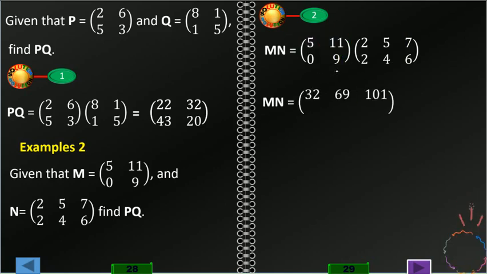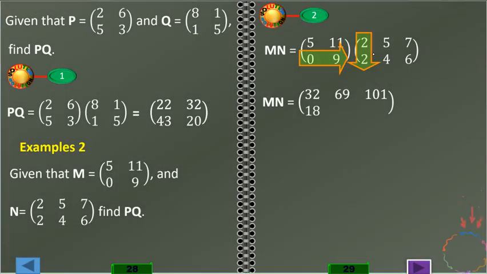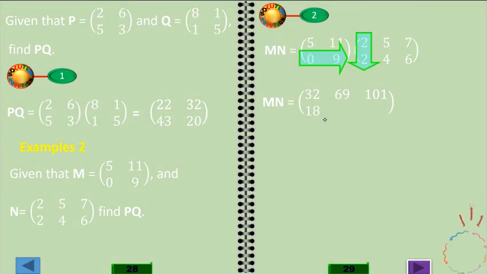Then we'll now move to the second row. This will multiply this to give us the answer here, and then multiply the other one to give us this answer here, and the other one to give us this answer here. So we have that. Now we have another assignment for you.